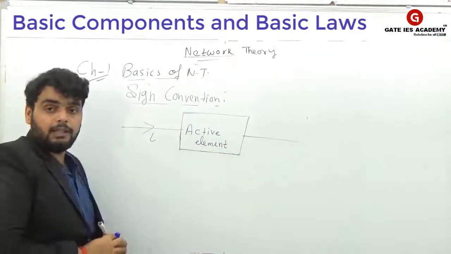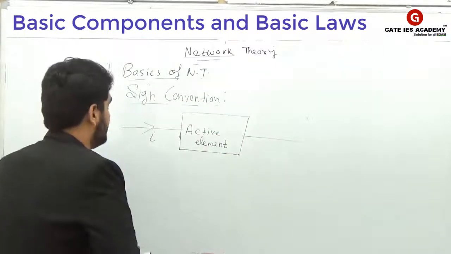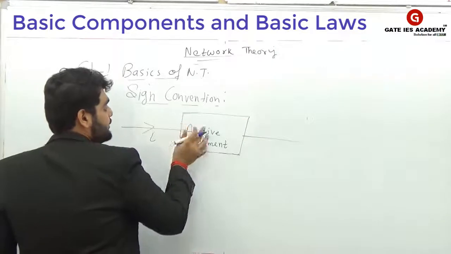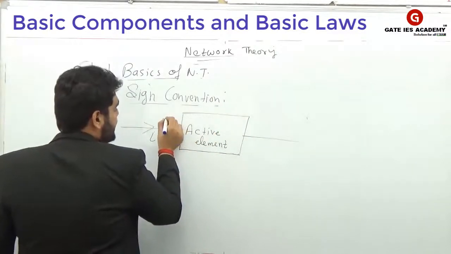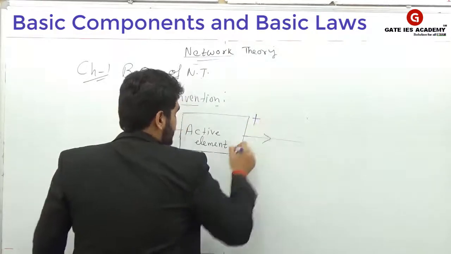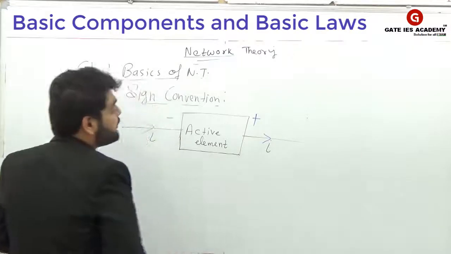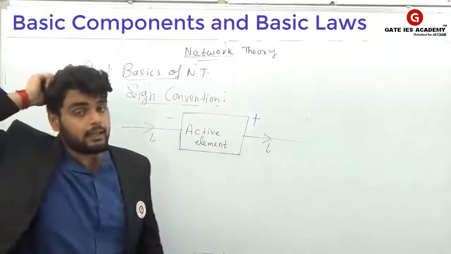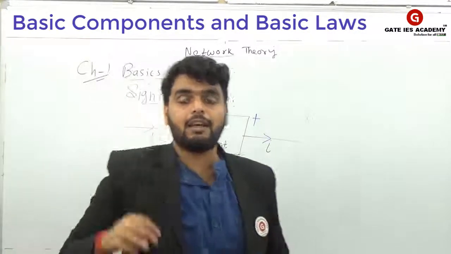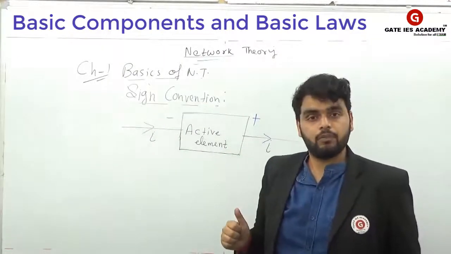Now the terminal at which current enters in an active element is the negative terminal, and the terminal from which it leaves is the positive terminal. So remember this point. This is a universal concept again, that if through an active element current is leaving, then that terminal will be the positive terminal, right?